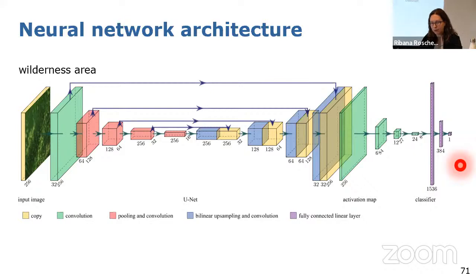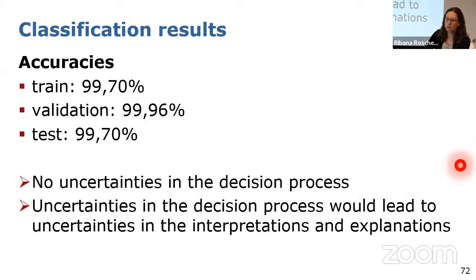And as I said before, we trained with images which we can clearly assign, because what we can say is this is a wilderness area and this is not a wilderness area. We are not sure in the middle, so we want to define it in a little more detail and understand it more. That's why it's totally fine, and actually intended, that we have accuracy for our network close to 100%.